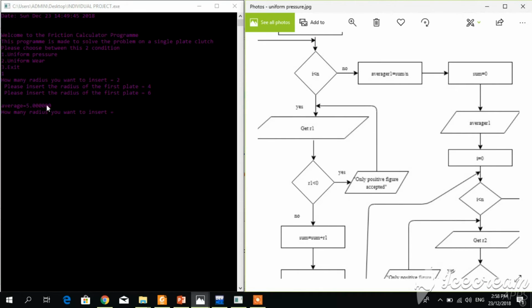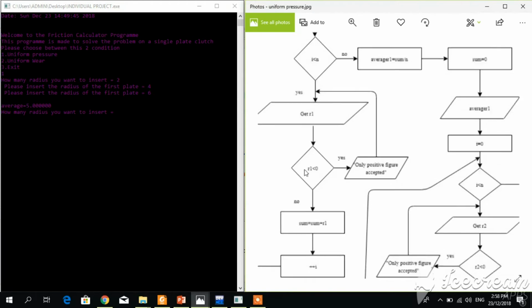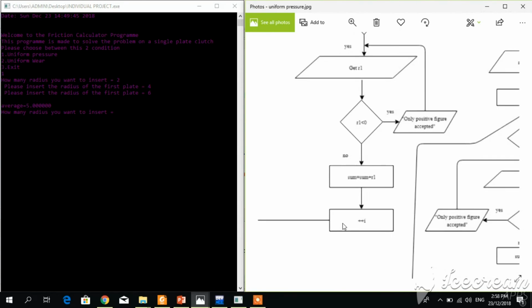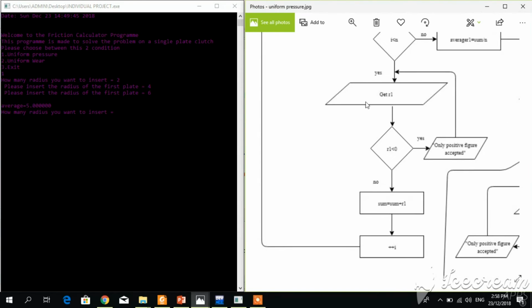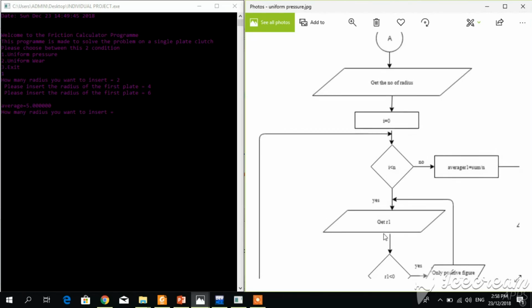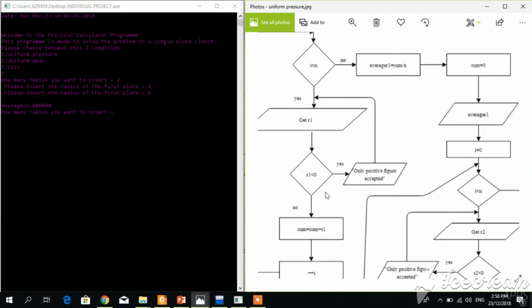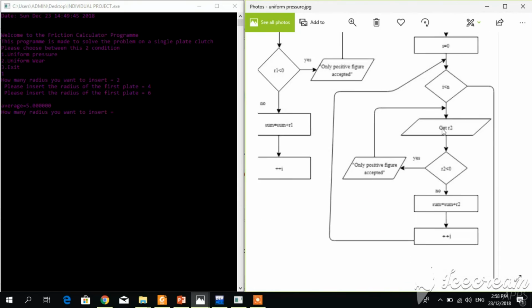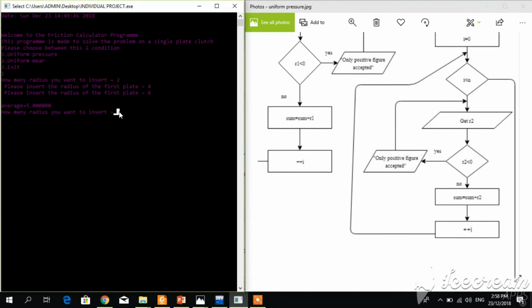If I insert that I want 4 radius, it will go to the looping again and still get the R1. Right, so this is for the R2 here. I insert 12 also. So here I set that only positive figures are accepted.